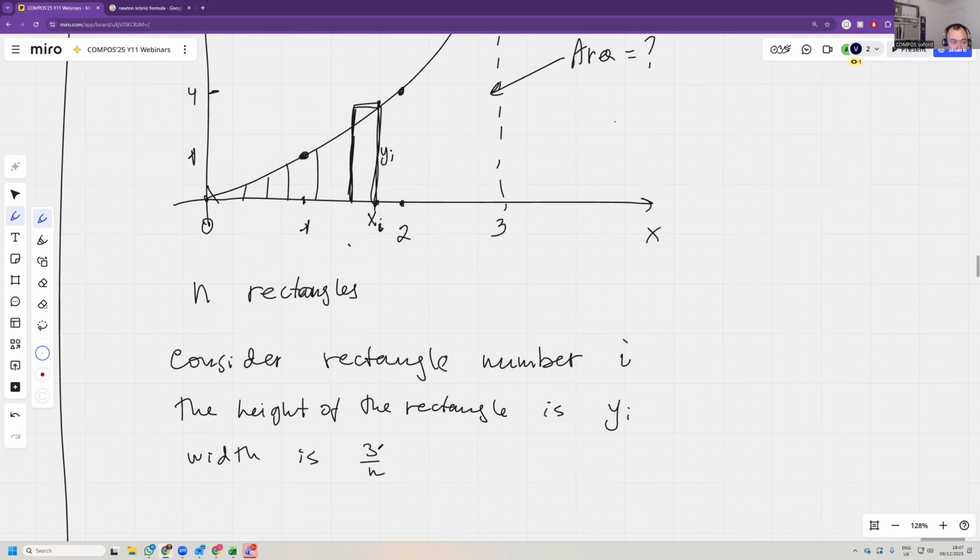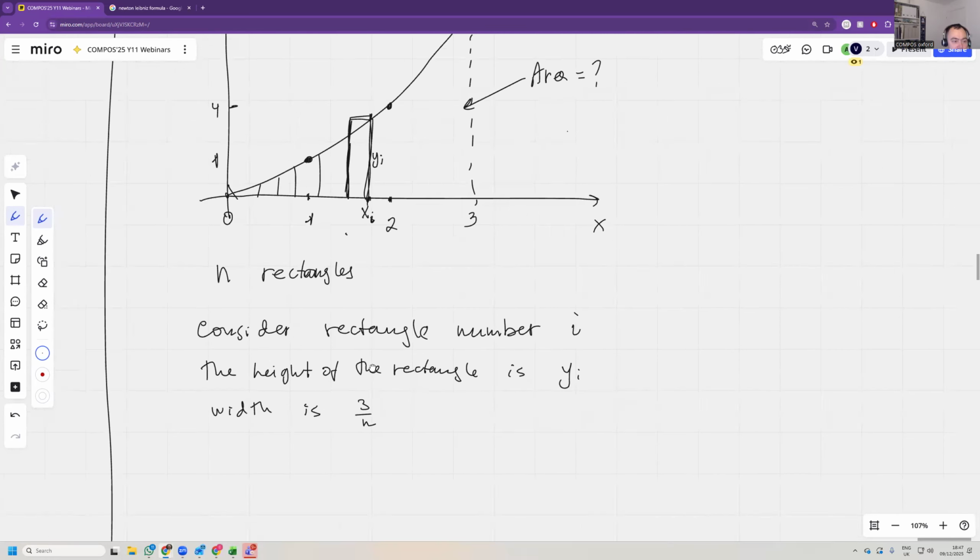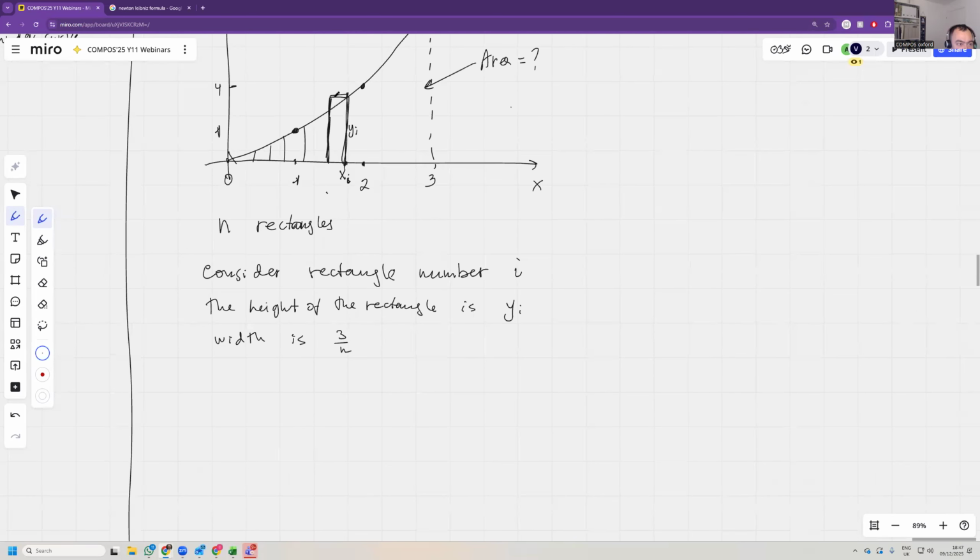So the area of that ith rectangle is yi, which is xi squared, multiplied by the width, which is 3 over n. So xi squared multiplied by 3 over n.